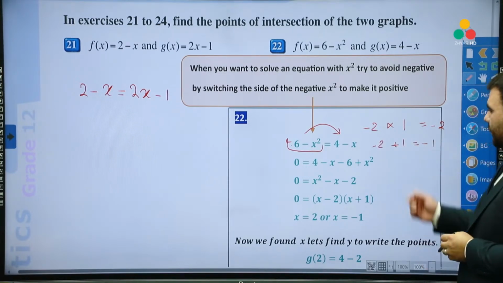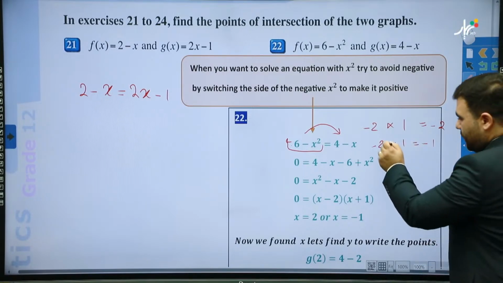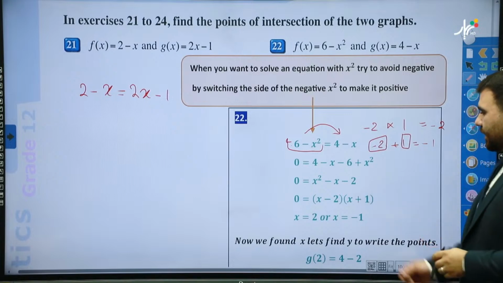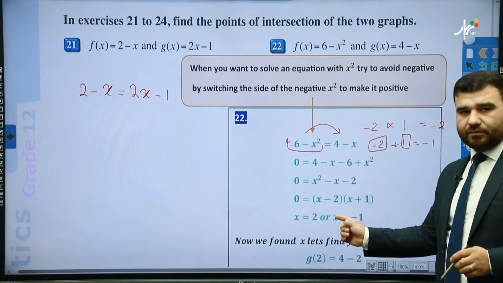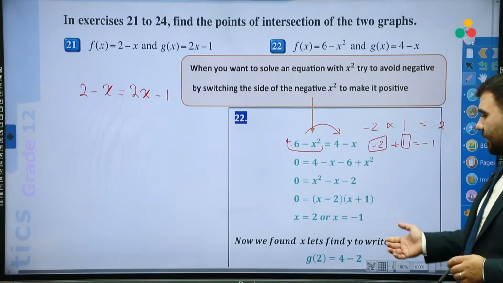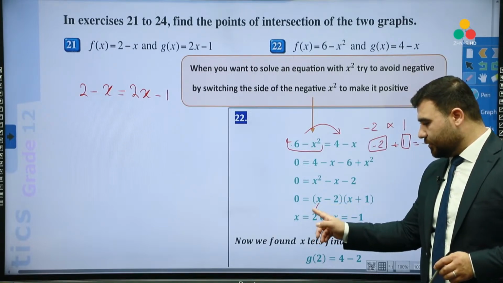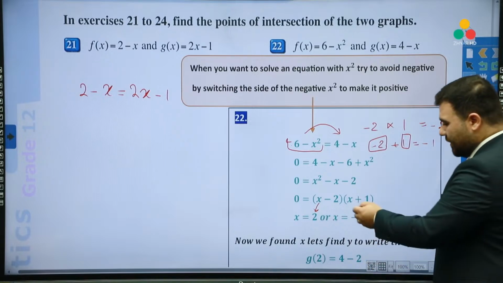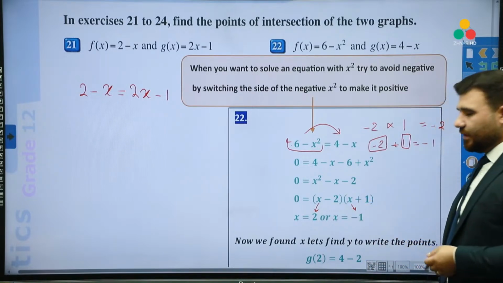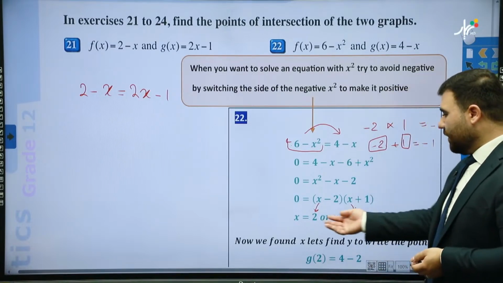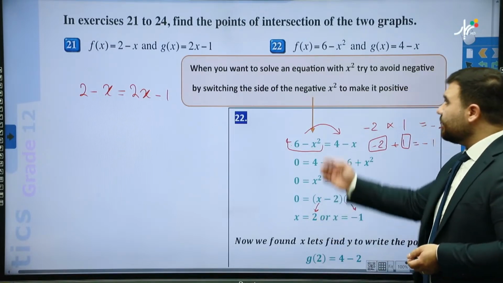Then I'm going to go with the two numbers, -2, +1 in the brackets. This is why I have (x minus 2)(x plus 1). X minus 2 is equal to 0 if x is 2, because 2 minus 2 is 0. X plus 1 is equal to 0 if x is -1, because -1 plus 1 is 0. Now I have two x values.